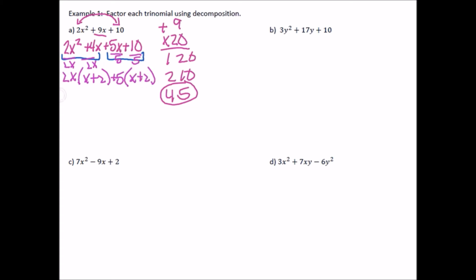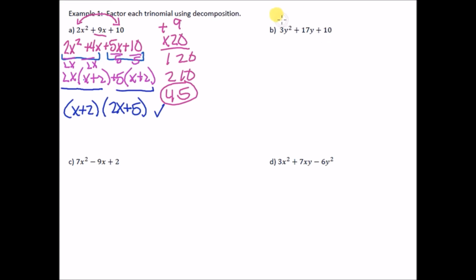And then we factor by grouping again. This is our first term. This is our second term. What is identical in the two terms? Well, the x plus 2 is identical. And then we're left with 2x plus 5. Okay, that's fully factored.